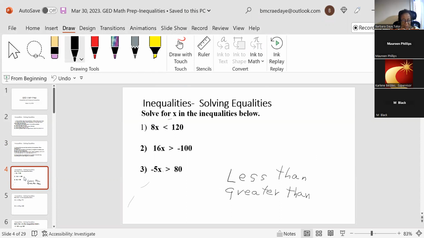On the left side, you'd have X. Then you have your inequality, or you can spell it out, less than or greater than. And then you'll have the constant with the correct sign.